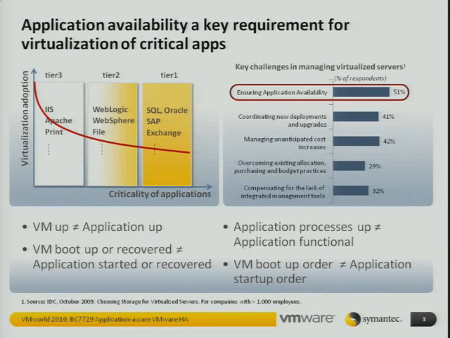And some of the key concerns we heard from customers is that just because my VM is running doesn't necessarily mean that my application is running. Just because my VM has booted up doesn't necessarily mean that the application is actually servicing requests. And just because application processes are running doesn't necessarily mean the application is functional completely. So these are the kind of gaps that exist today between the core benefits from the virtualization platform with VMware HA and what you're actually looking for.